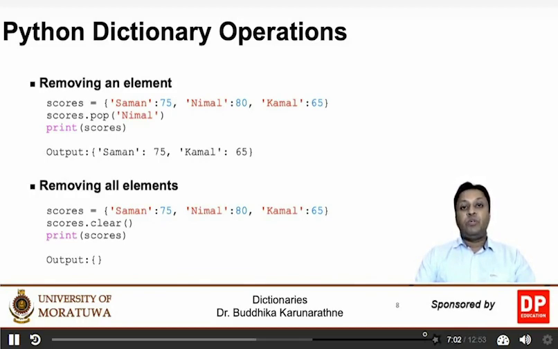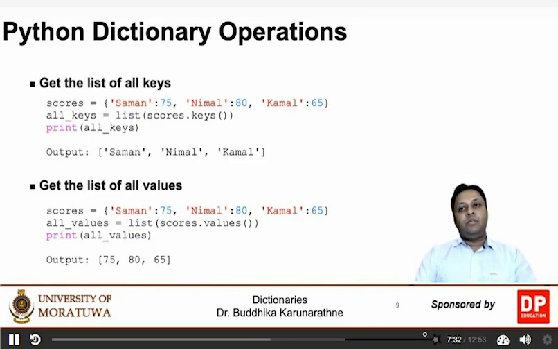If we want to remove all the elements in the dictionary, we can use another method which is called clear. If you use the clear method, it will delete all the elements inside the dictionary. As you can see in the second example, we use the clear method to delete all the elements and it returns an empty dictionary.